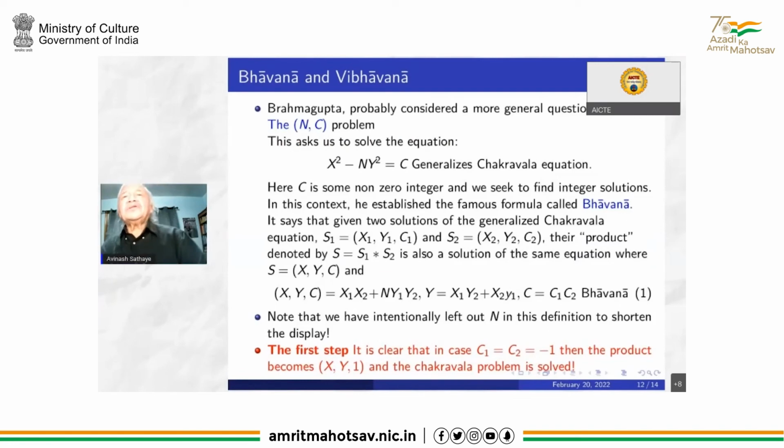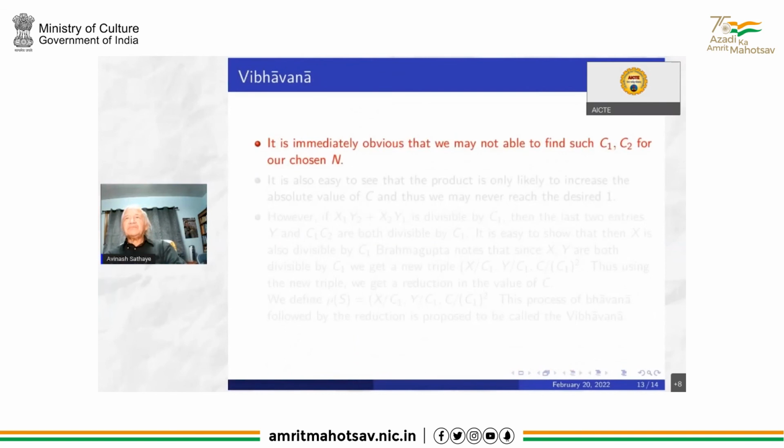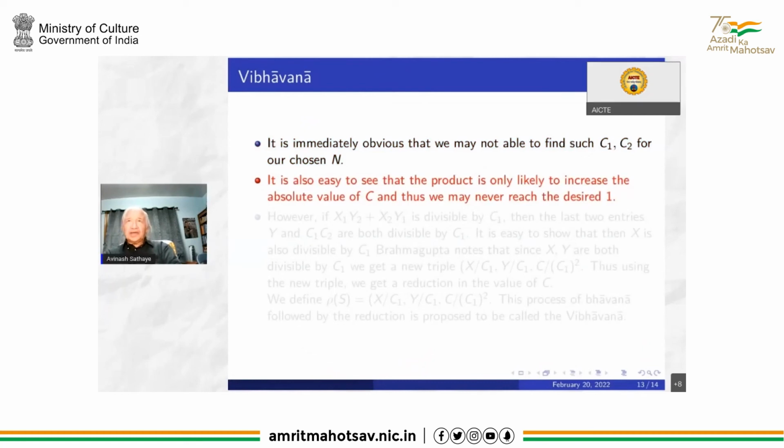And then the product gives me x, y, 1, that's the S, which has 1 as its last number, and that means the Chakravala problem is solved. It's immediately obvious that we don't hope to find such C1, C2 for our chosen n. It is also easy to see that the product is only likely to increase the absolute value of C, and thus we will never reach the desired 1 by just multiplying.